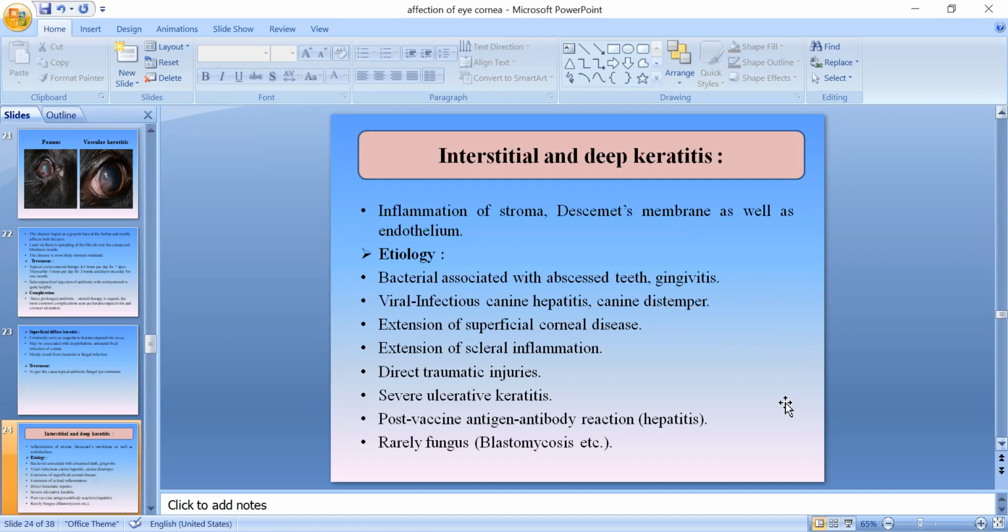Etiology: bacterial, viral, some disease, scleral inflammation, trauma, ulcerative keratitis, post-vaccine antigen-antibody reactions. This is very important: hepatitis vaccine can also cause deep keratitis. Rarely fungus, caused by blastomycosis.